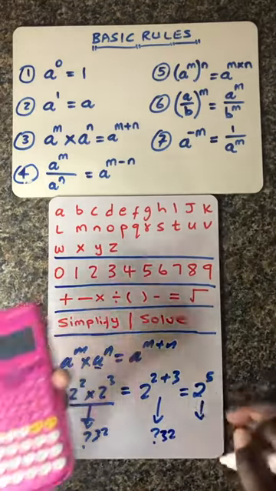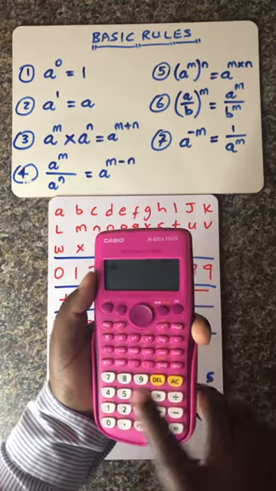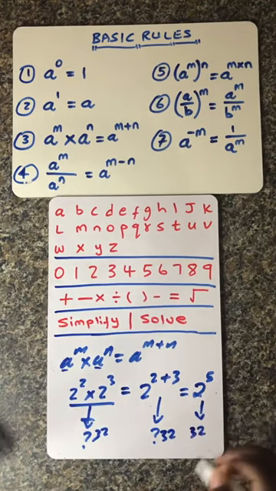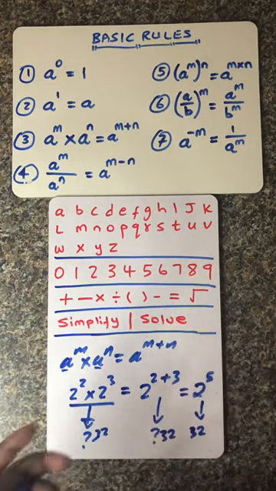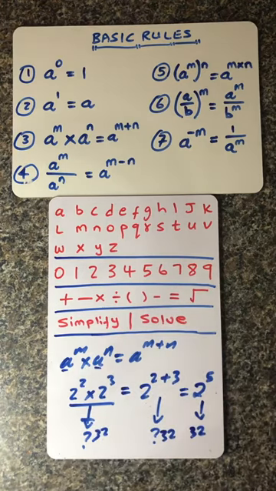Let's see when we punch this. So it's 2 to the exponent 5. We must get 32. Can you see? It's 32. Okay. So guys, just so that you are able to understand if you are in grade 11 and 12, and again if you are upgrading some of the modules.